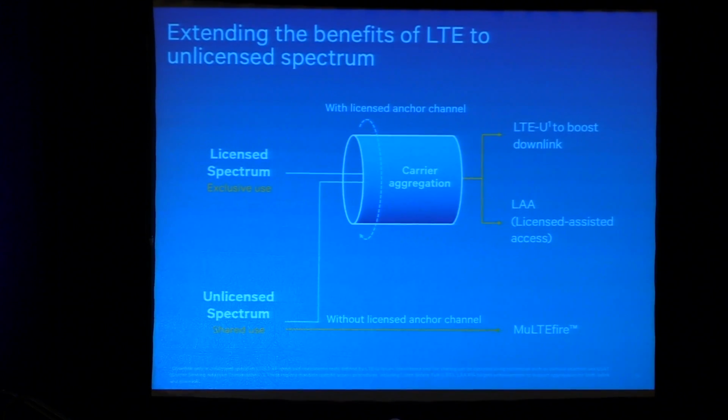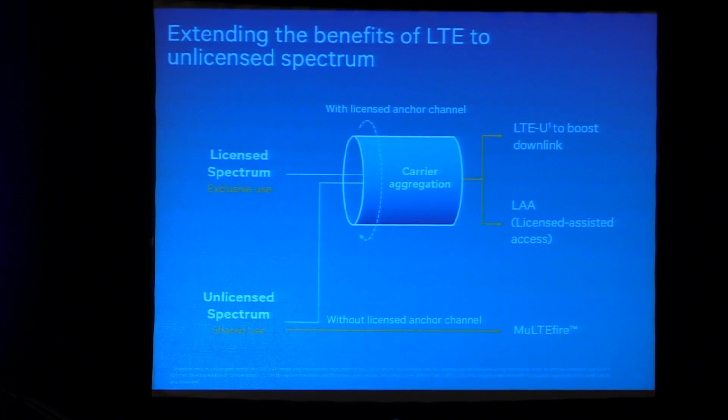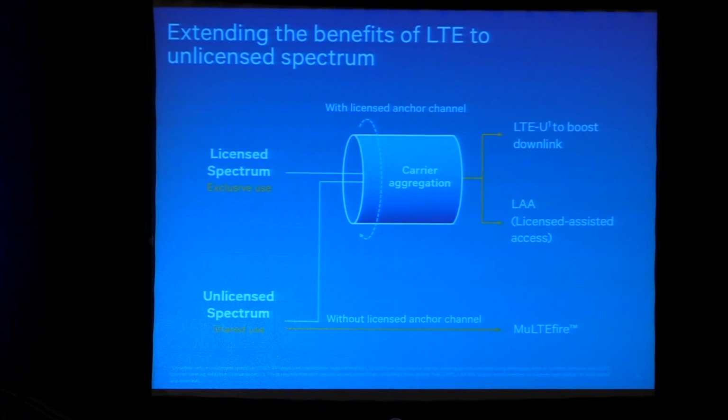So in this paradigm, we use the carrier aggregation concept with a licensed anchor, and then you can add on extra carriers in the unlicensed band. And we also consider taking that licensed anchor and moving it into the unlicensed band, with some changes, of course, to create an entirely standalone unlicensed version of LTE.